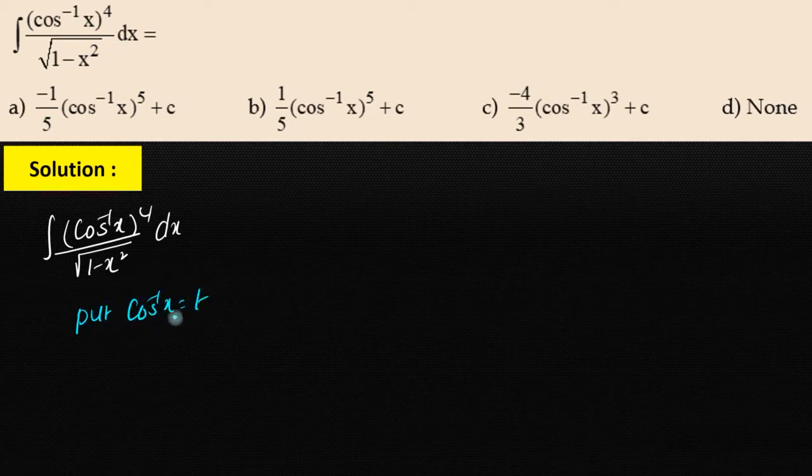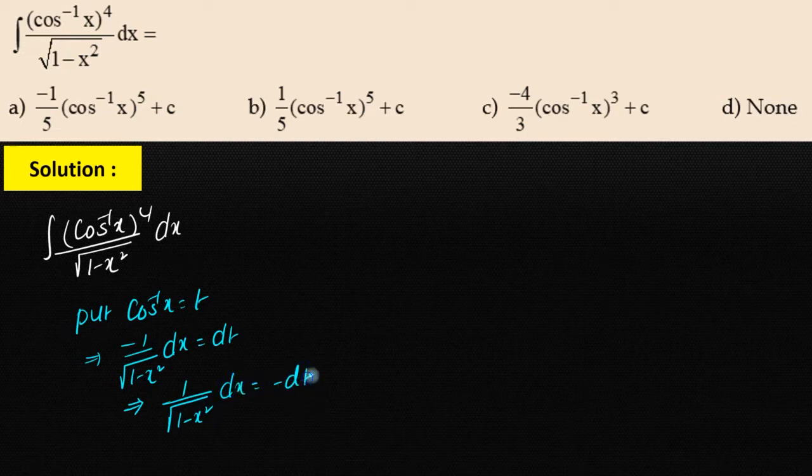Now differentiating on both sides, we get differentiation of cos inverse x is minus 1 by square root of 1 minus x square into dx is equals to dt. This implies 1 by square root of 1 minus x square into dx is equals to minus dt. Now integration becomes integral cos inverse x is t power 4.